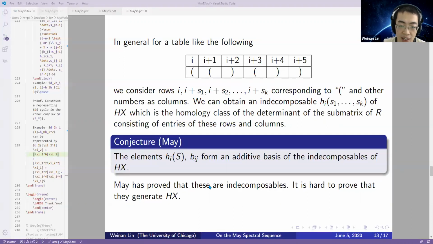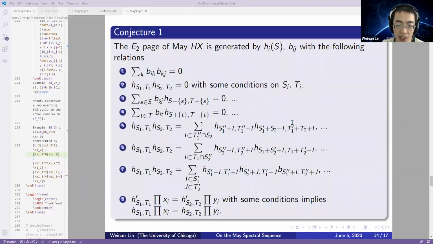In the end, I end up with a stronger conjecture that tells you what the whole E2 page is. I conjecture that the E2 page of May is generated by these with 8 different kinds of relations.